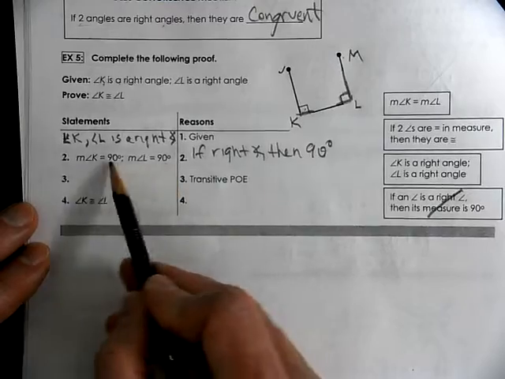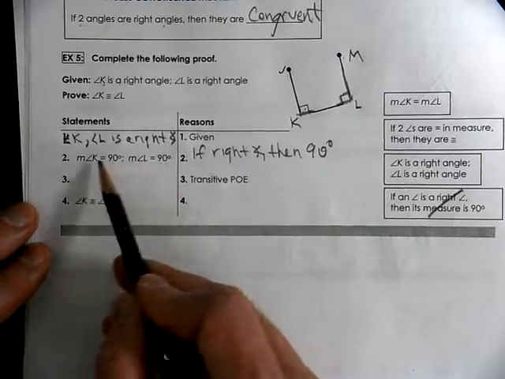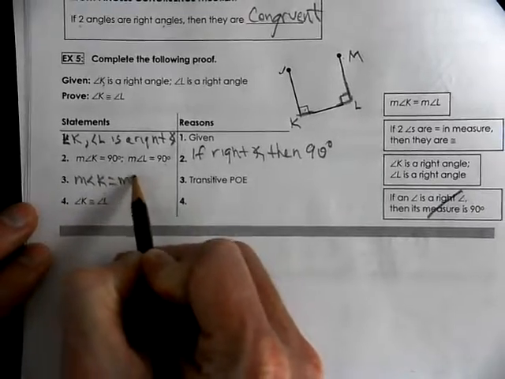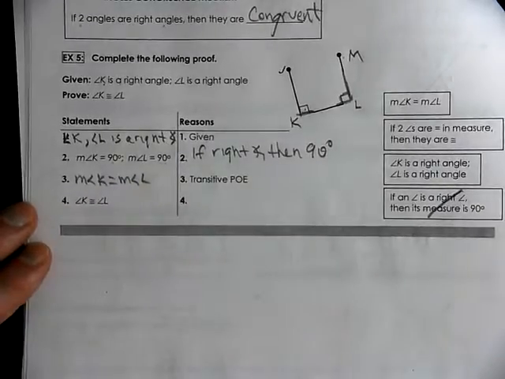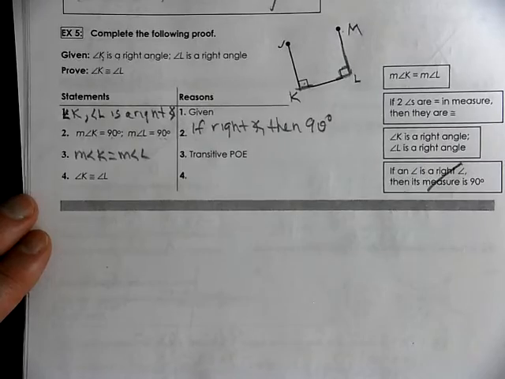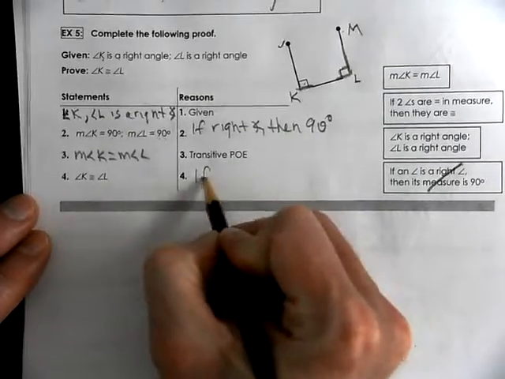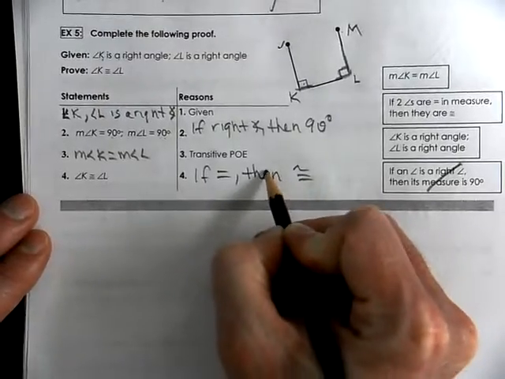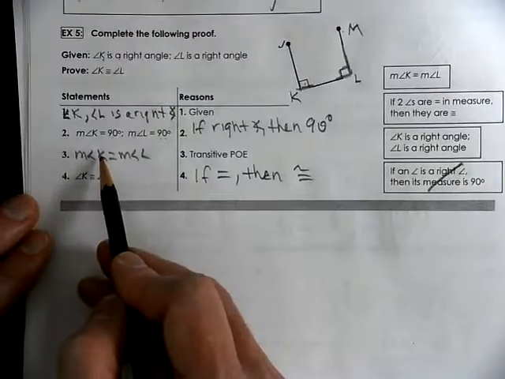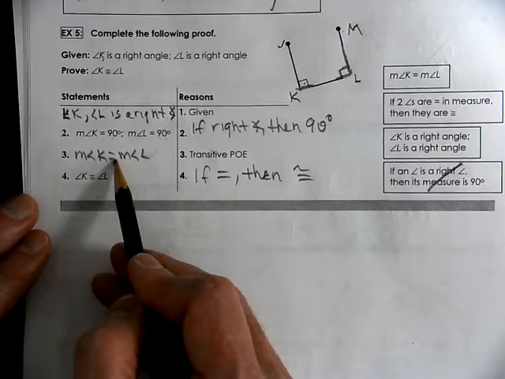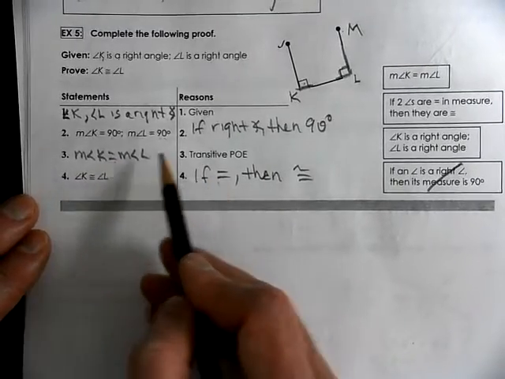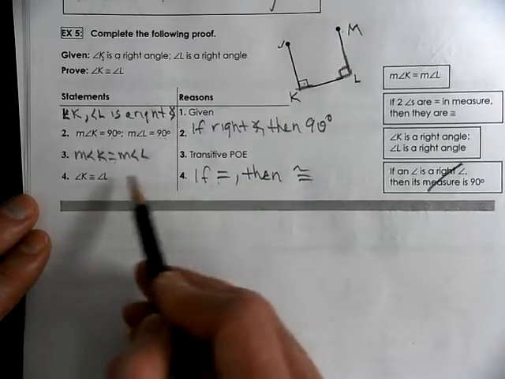Here we have two things that equal 90, so the two things are also equal to each other. So the measurement of angle K is going to equal the measurement of angle L. That's the transitive property. If equals, then congruent. Notice how these K and L are equal to each other. Now we're going to call them congruent.